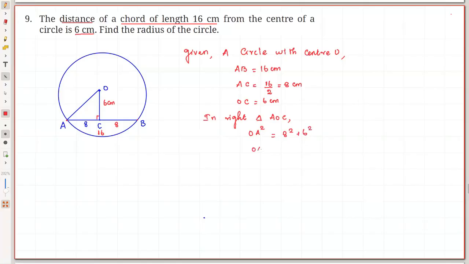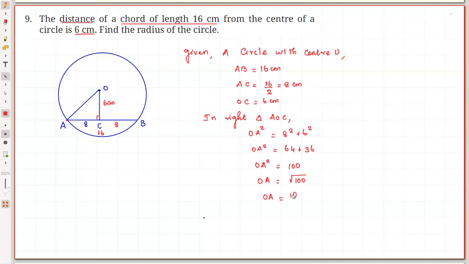So OA square is equal to 64 plus 36, which is 100. Now OA is equal to the square root of 100. The square root of 100 is 10. So OA is equal to 10.